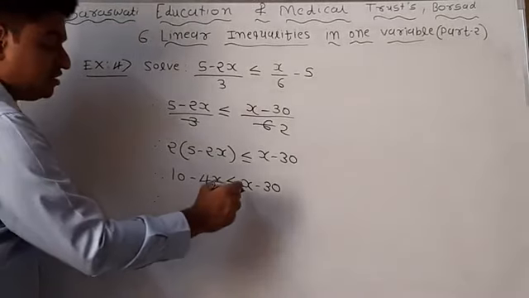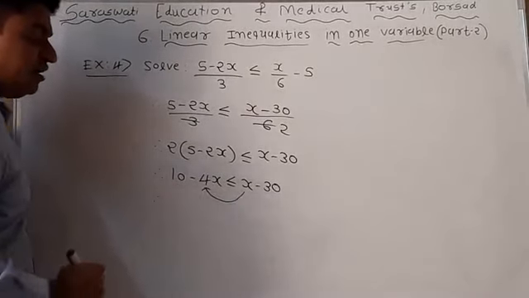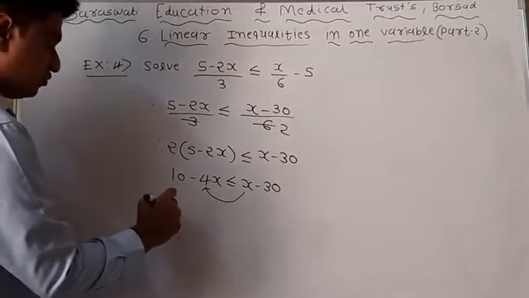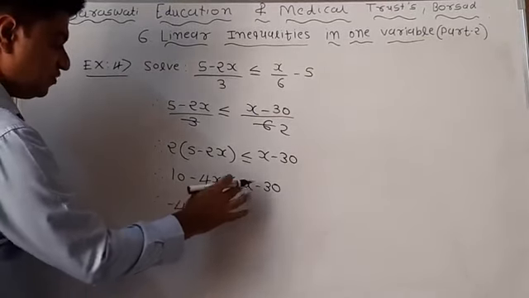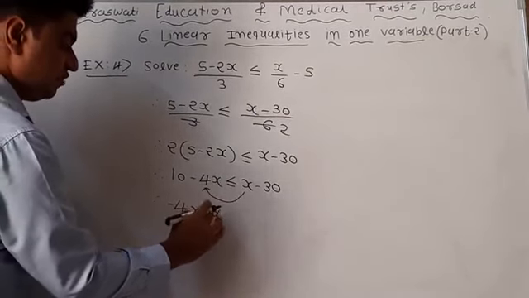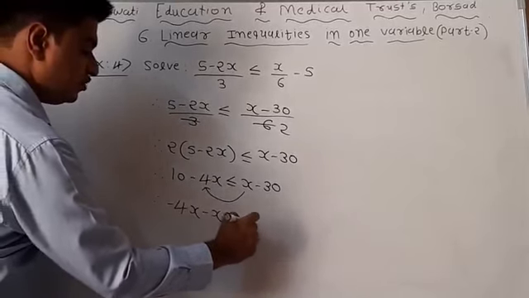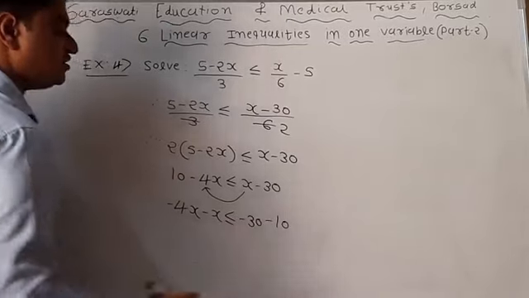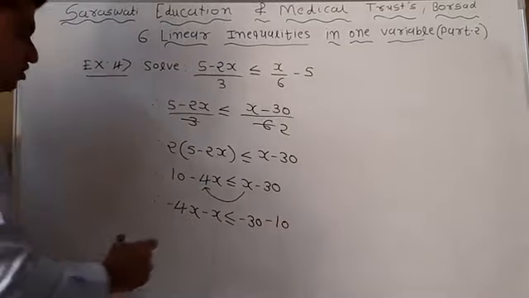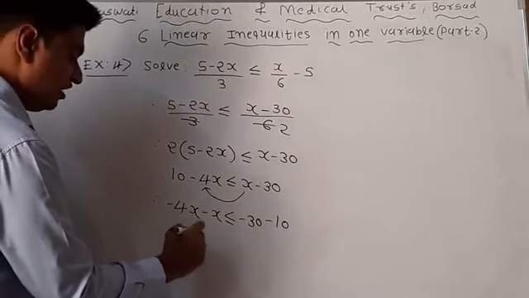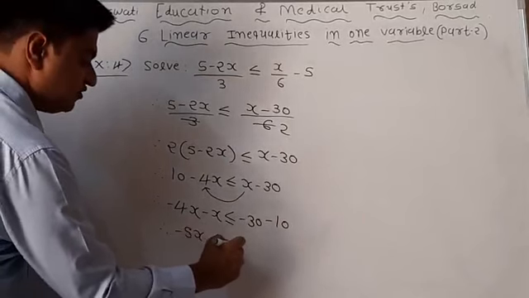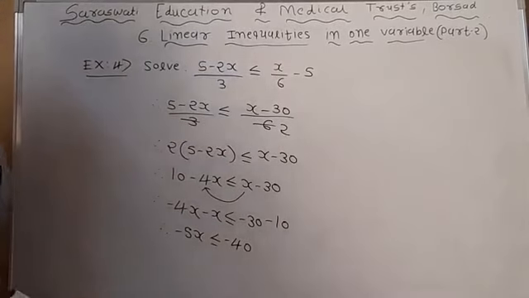Now write x on this side and change the sign. So minus 4x, and since the plus sign is present, minus x, less than or equal to minus 30 minus 10. So therefore minus 5x less than or equal to minus 40.